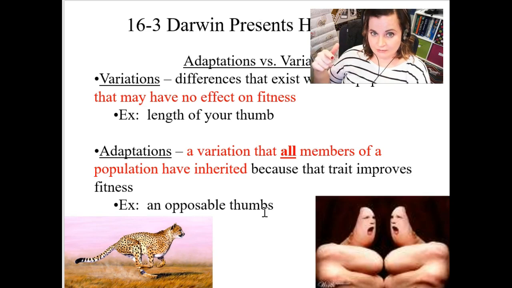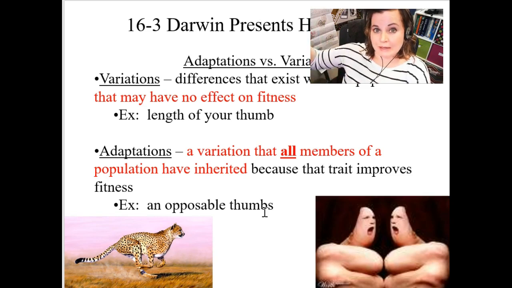So variation in a population, okay, those traits that give you a better chance to survive and reproduce, those are the traits that can be acted upon, if you will, by natural selection. And if those organisms that possess those traits have a better chance of surviving and reproducing, they carry those traits on to the next and subsequent generations.